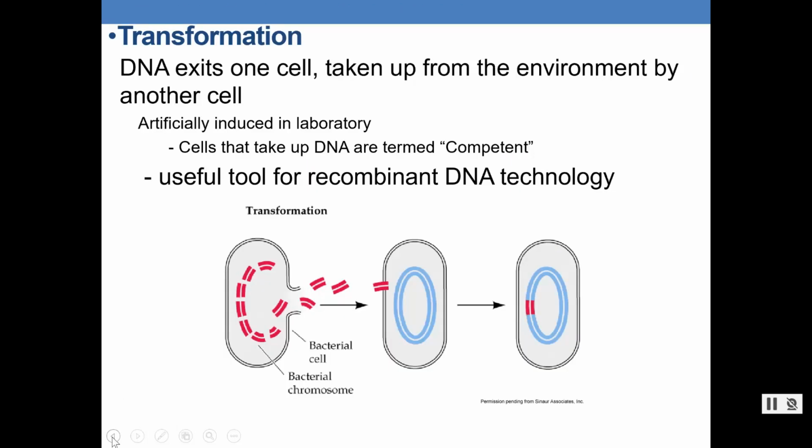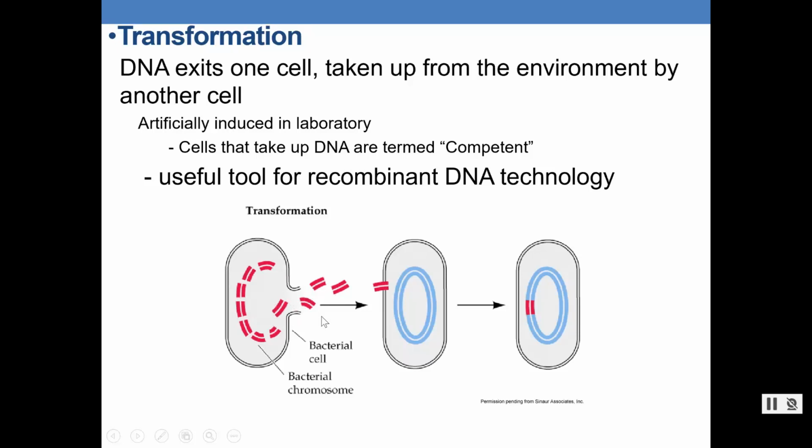There is another process called transformation. Transformation is when you get horizontal gene transfer, but instead of a plasmid, the cell picks up DNA from the environment. So maybe you had a bacterial cell that died. It got chopped up, either a drug killed it or a phagocyte, whatever the reason.